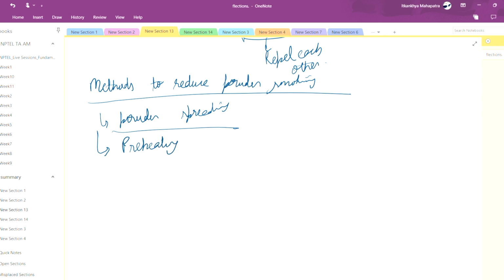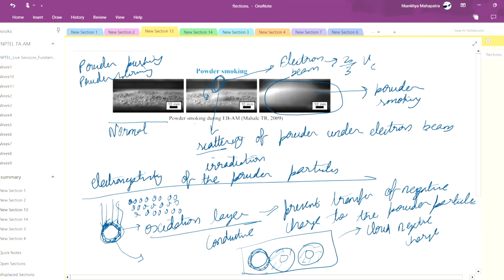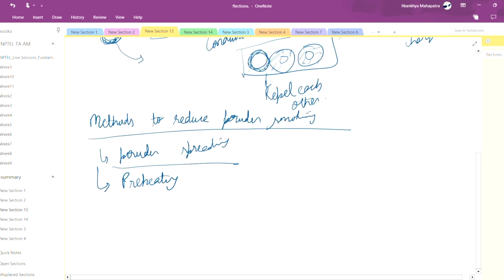Preheating will help us to remove the air, this air causing the powder smoke. Preheating helps to reduce powder smoke.